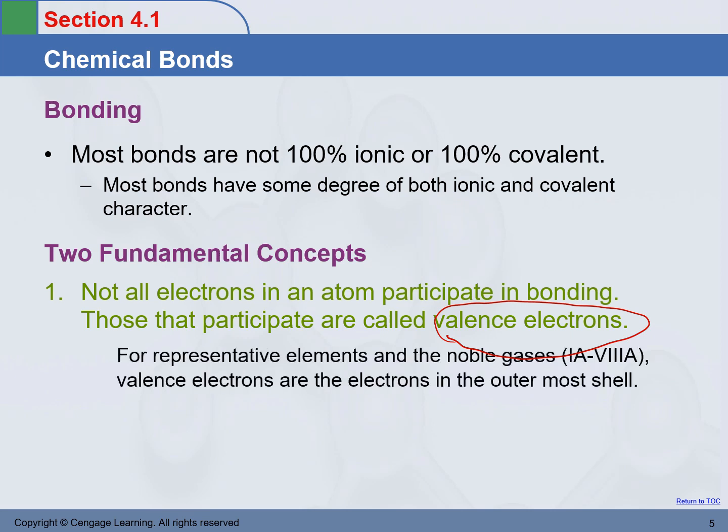For representative elements and the noble gases, elements in the A groups from 1A through 8A, valence electrons are the electrons in their outermost shell. That makes sense. We have been emphasizing the outermost shell electrons ever since we started talking about electrons.